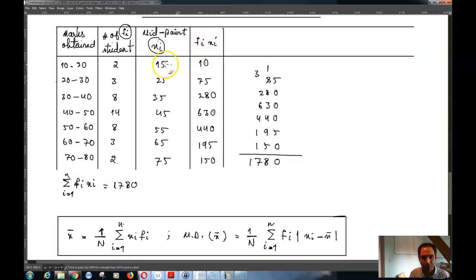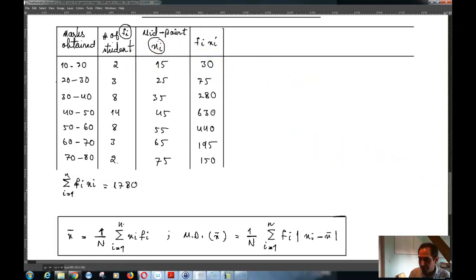Oh, okay. I'm sorry. This is supposed to be 2 times 15, which is equal to 30. Okay, so then sigma f of I x of I is equal to 1800. And so that's basically what we need here.